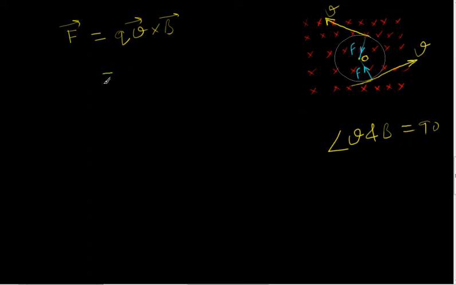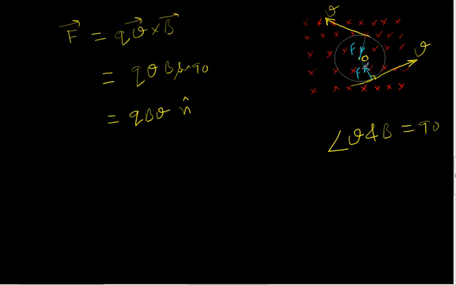It means the force is qvB sine 90 degrees, that is qBv, and its direction is perpendicular to both v and B. So what would be the direction of the force? It would be 90 degrees to the velocity and 90 degrees to the B vector.